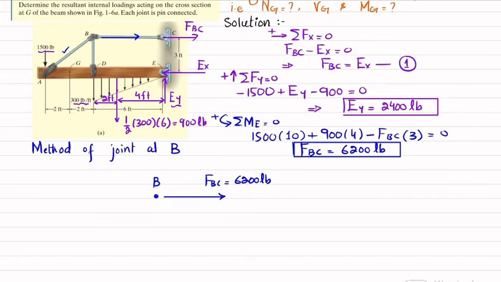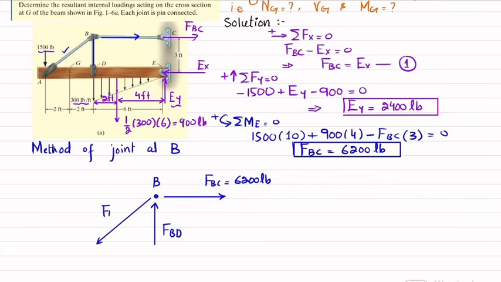At point B we have the member BD, so it will exert a vertical force which is FBD, and this FBD is not known yet. And this member AB will also exert a force FAB in this direction on joint B.